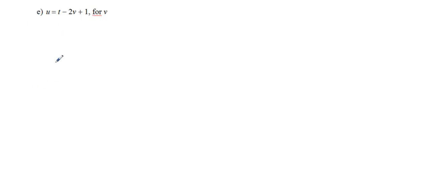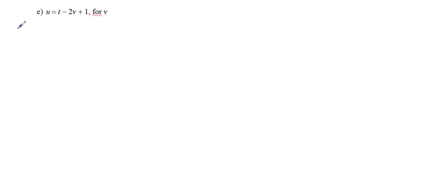Alright, this one is v that we're isolating for, so we've got two things going on this side where the v is. You've got the t and you've got the 1 here that you're going to have to try and get rid of. I would do it in steps again. So let's get rid of the t on this side first by subtracting t from both sides.